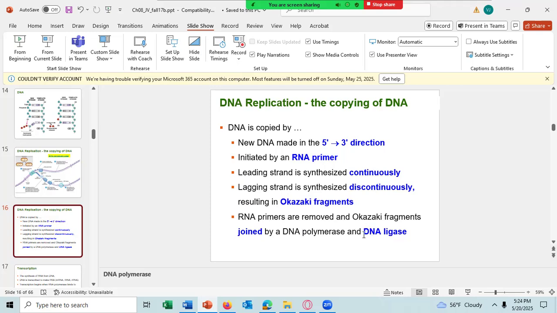And then DNA ligase finishes the work by linking the newly replicated strands of DNA on the single strand together to make the single strand of DNA continuously linked by covalent chemical bonds. Any question about any of that?